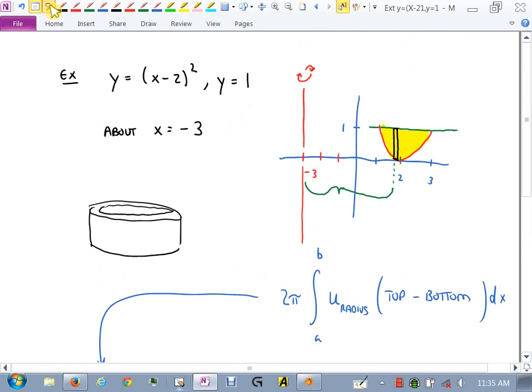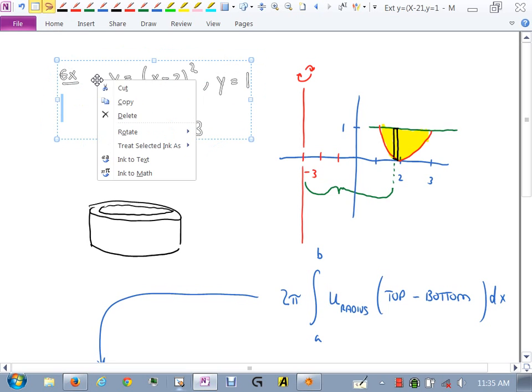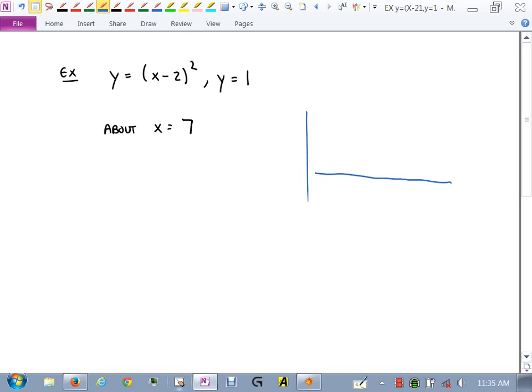All right, let's do the same problem. We'll just change our axis of rotation one more time. This time, let's move the axis of rotation to the other side of the region, to the right side of it. So how about x is 7 or something like that? So here's our picture.